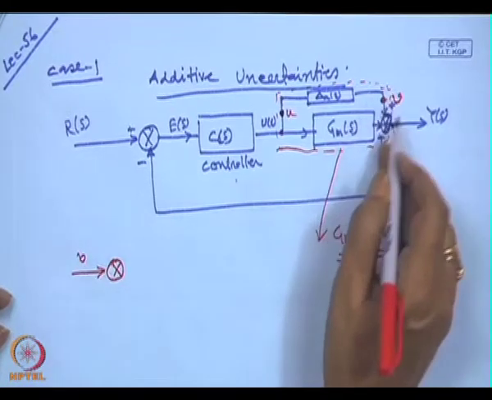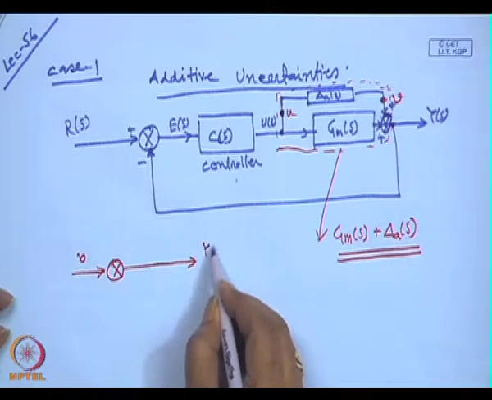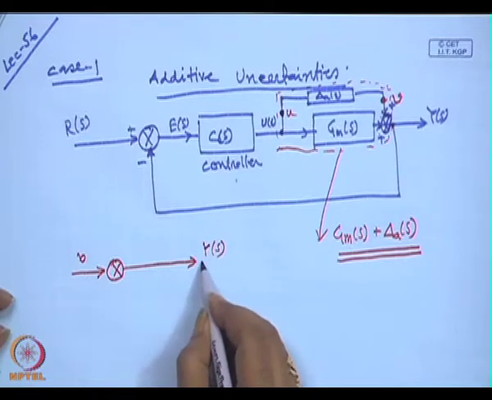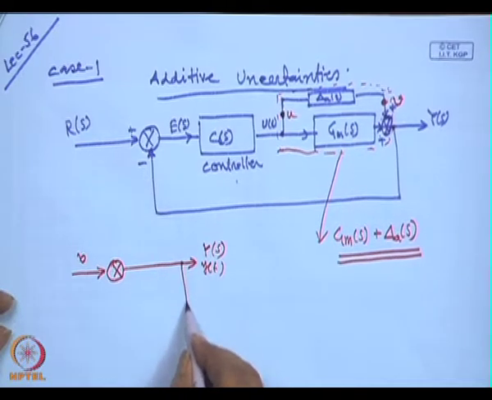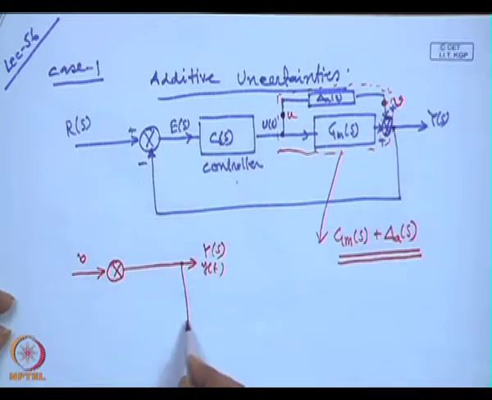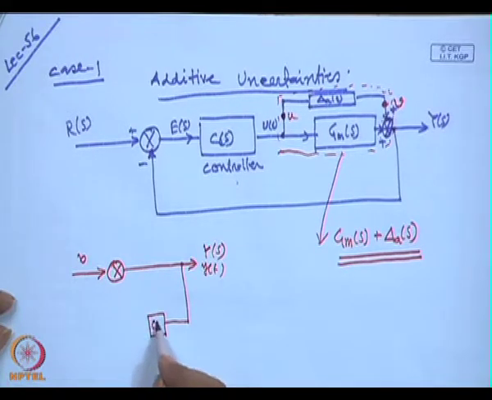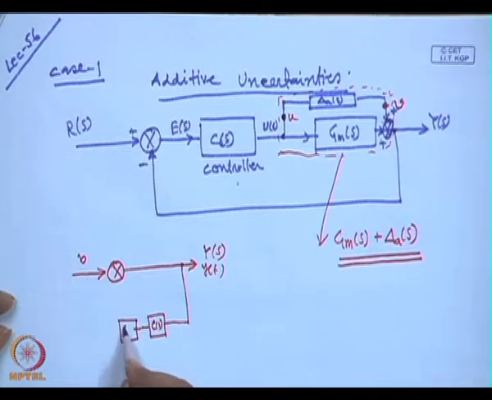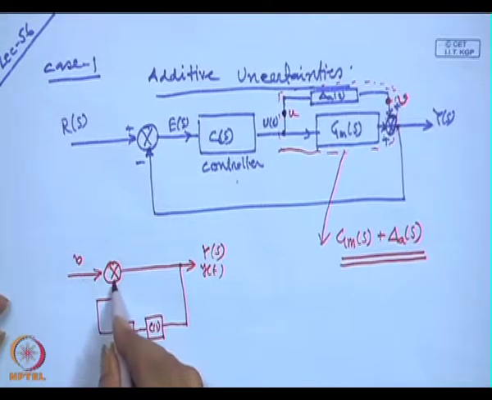Look at this, V, then our output is y of t, then from there is a feedback C of s, and G of s, G m of s, then this is minus plus.